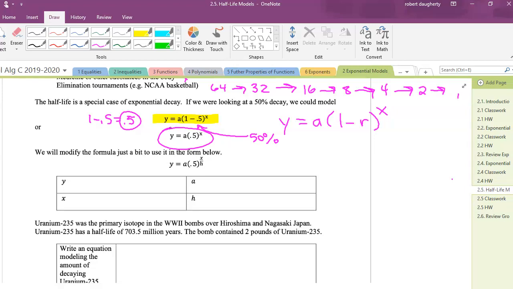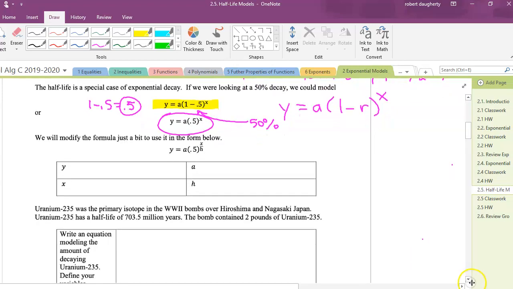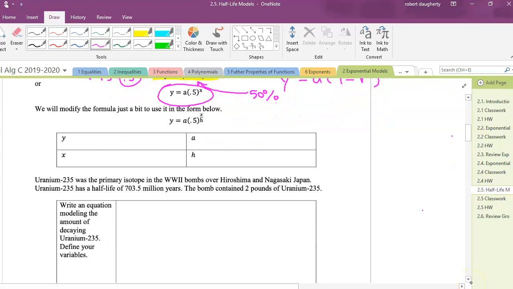We're going to modify the formula just a little bit, so stay with me here. We're going to modify it to look like this: y equals a times 0.5 to the x over h. And the reason I'll do that is as follows. You should be very familiar with y, it hasn't changed. That is our future value of whatever we're modeling. A has not changed. That is our initial value.